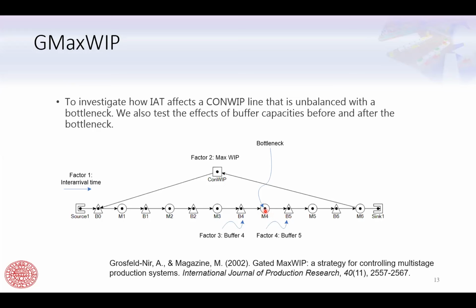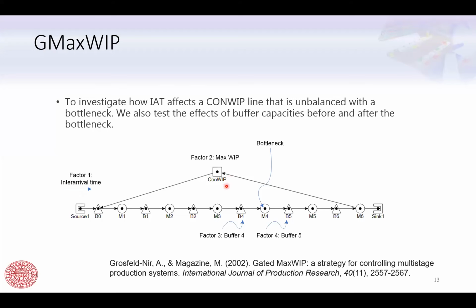Now we want to do an experiment, not necessarily in optimization, but it can also be used to optimize performance. We have 4 to 5 factors. Let me see, I just have 4. Factor number 1, according to G-max width, we have the inter-arrival time, with a high level and low level.